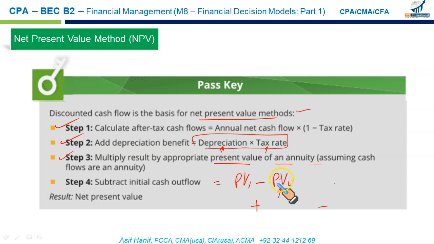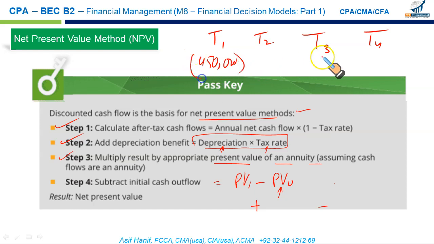Okay, why do I frequently refer to present value of outflows? Because some projects may involve not only the initial outflow, but also some net outflow in year 3, maybe $150,000. So in that case, you can't just say initial investment. You have to bring this T3 outflow into the present term also. That's why I call it the present value of all the outflows in the project.